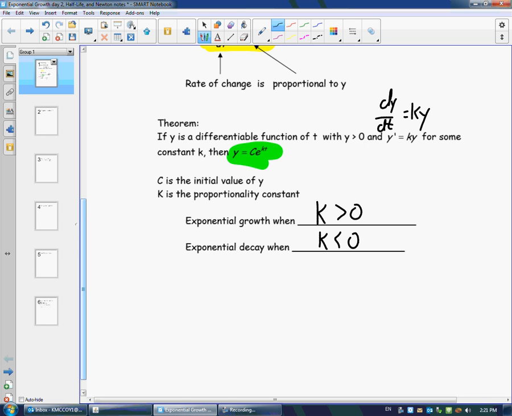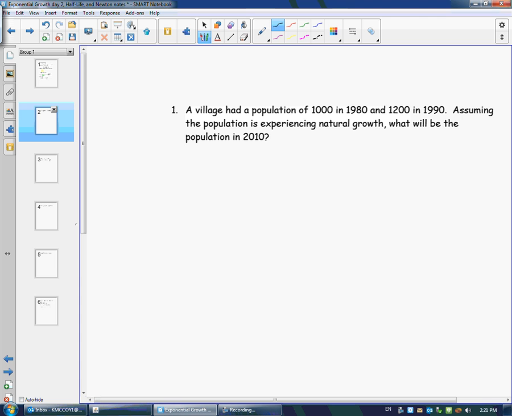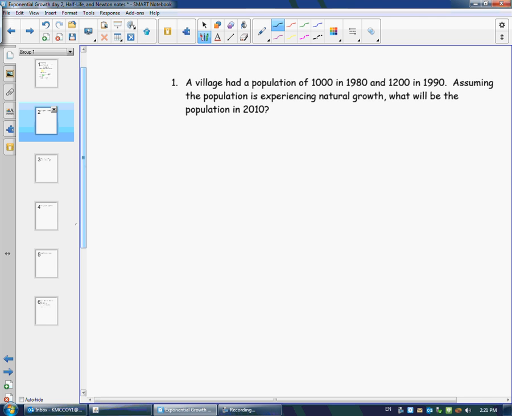All right, let's take a look at some examples. First example, a village had a population of 1,000 in 1980 and 1,200 in 1990. Assuming that the population is experiencing natural growth, there's that word, natural growth, what will be the population in 2010?